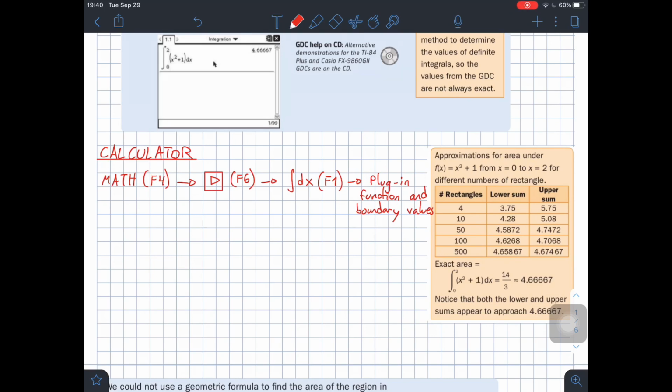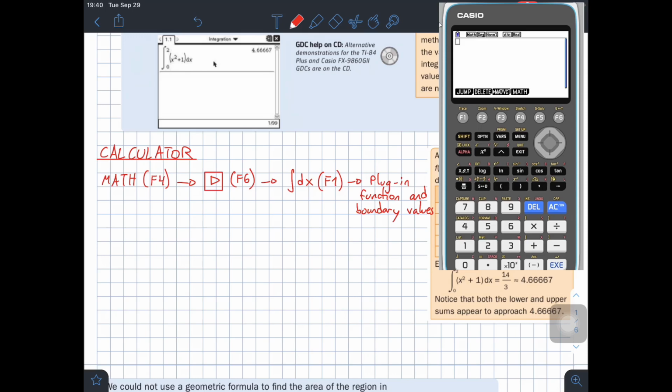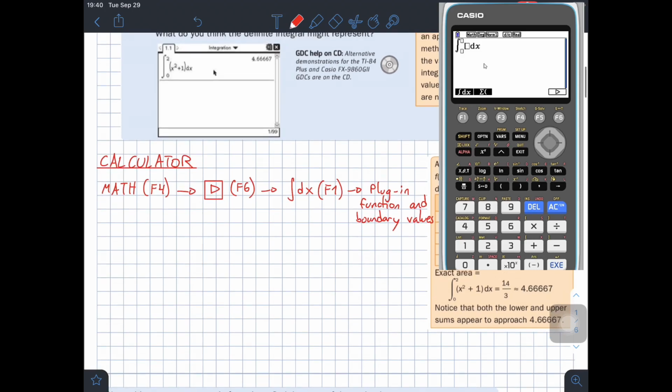Let me show you. If you take a look at the calculator, we're going to follow these steps. First, we click on math, which is F4. Then you click on the arrow, this one over here, which is F6. And here you see the integral sign, right? So you click on F1, you have the integral sign. And here, you're going to copy the function. In this case, the function is x squared plus 1, right?